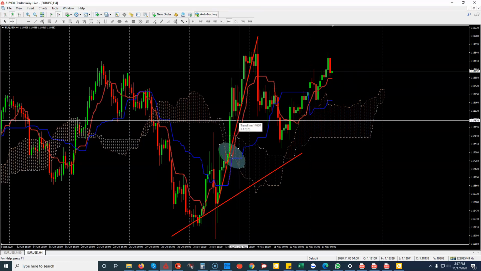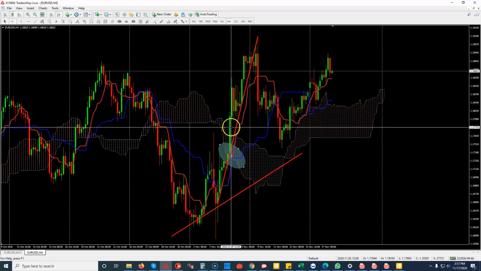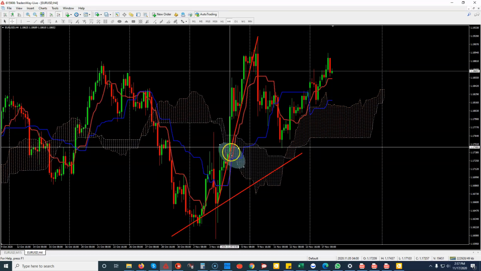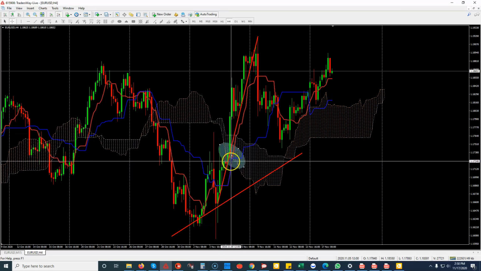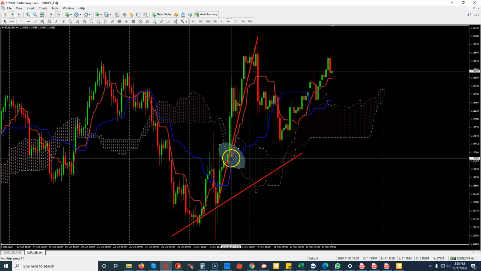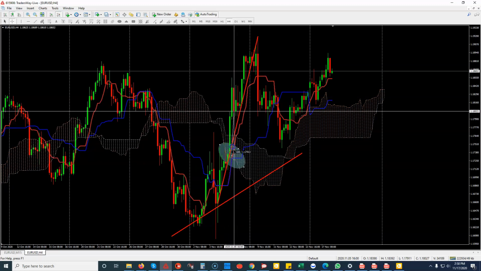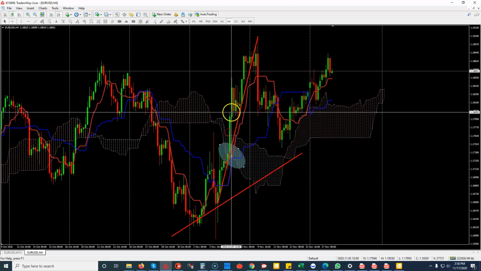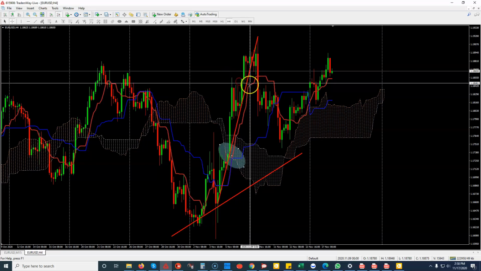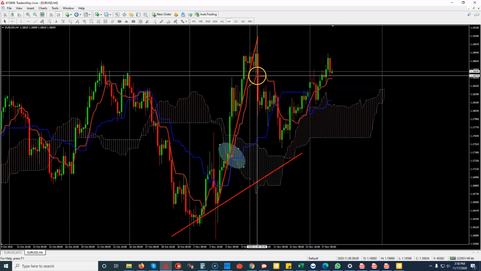Then maybe you would put it down here. But I would do it just below the cloud as a stop loss. If you'd entered here, it'd have been maybe a 70 pip stop loss, and then you're looking at a potential 115 pip gain.